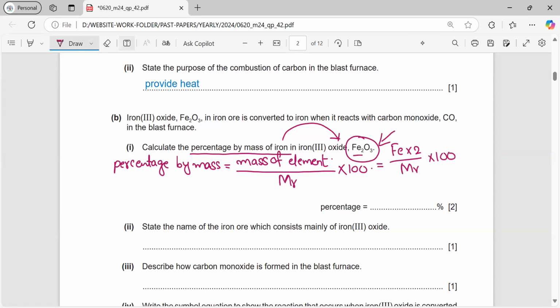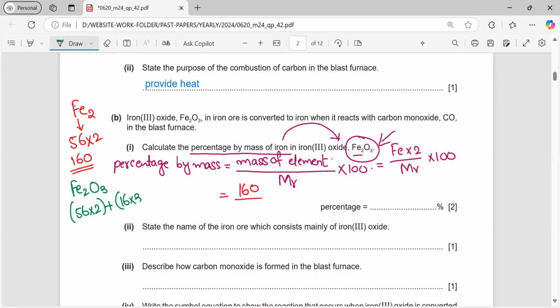So the iron mass here is Fe2. So iron's mass is 56 multiplied by 2, which is 112. So the numerator will be 112 divided by the MR of Fe2O3. Fe2O3 is 56 into 2 for iron plus oxygen 16 into 3.